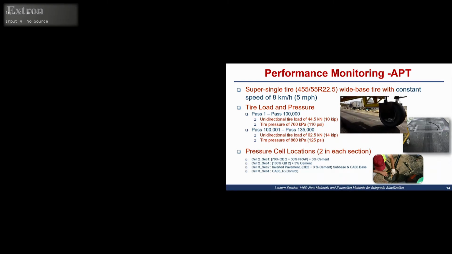We did 100,000 cycles at these load levels, and we had similar performance and were not able to fail those test sections, so we decided to bump up the load and the pressure a little more and continue the trafficking to see if we could differentiate the performance more. So we went up to 14 kip and 125 psi tire pressure for the next 35,000 passes. And here I'm just showing that there were some pressure cells, as I explained before.